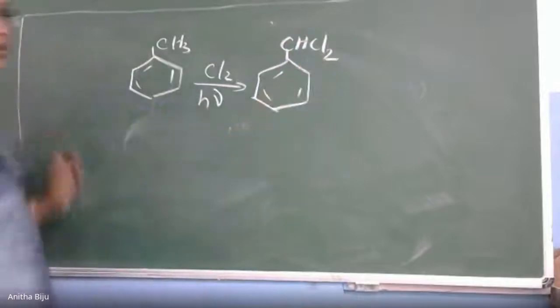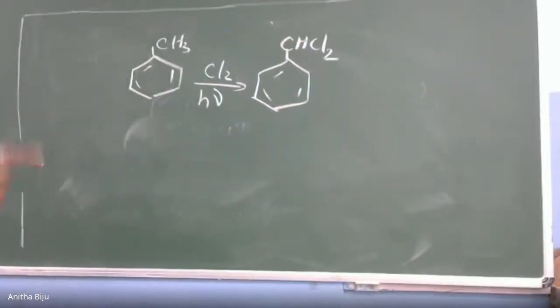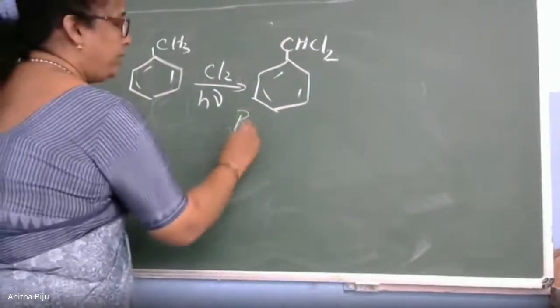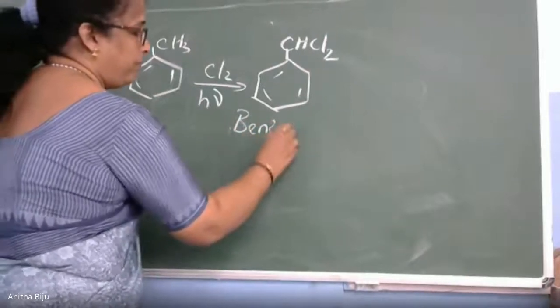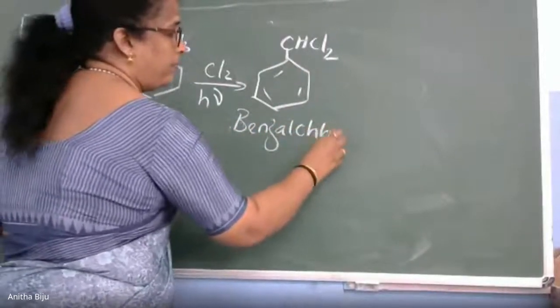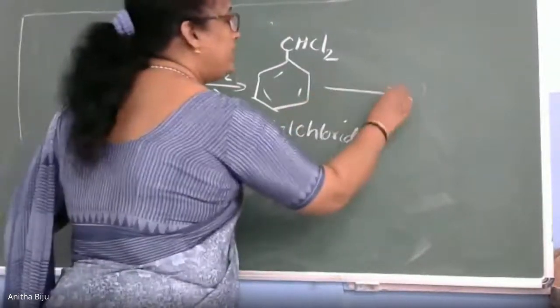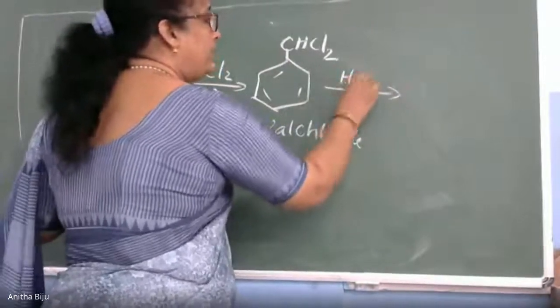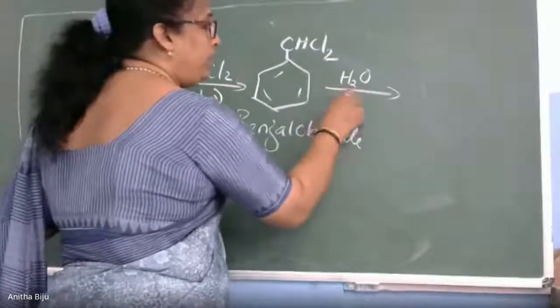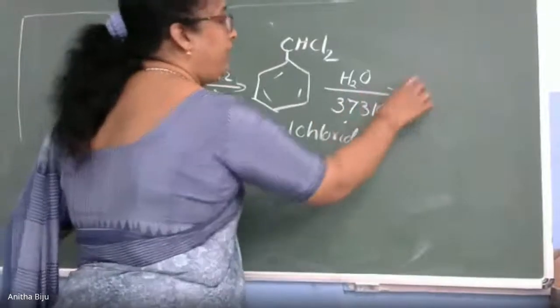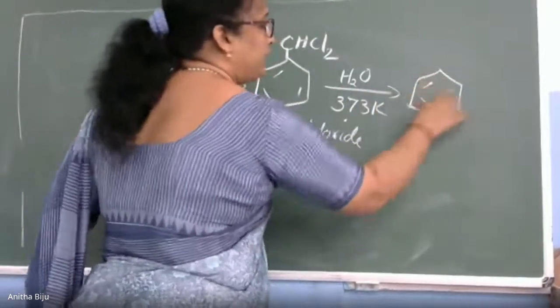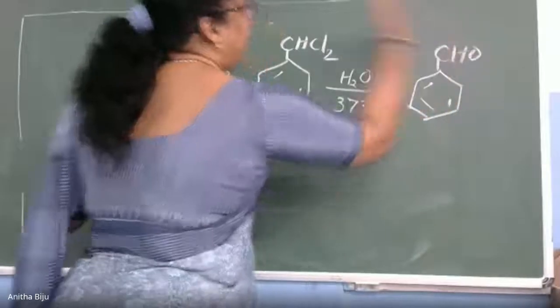CHCl2. And this product has the name benzal chloride. Benzal chloride, on hydrolysis at high temperature, near about 373 Kelvin, gives benzaldehyde.